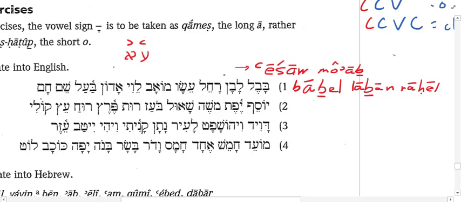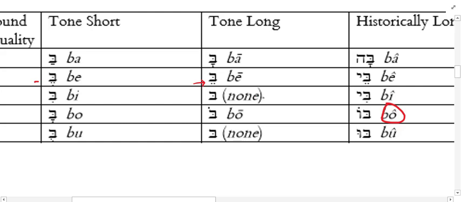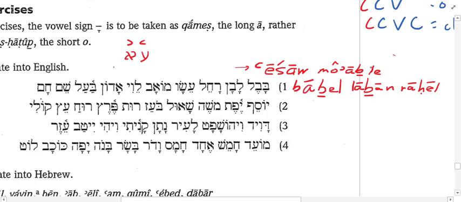The next word starts with a lamed, which is an L. Put that L there. And then we have a sere, which is the tone long E. Again, back to our vowels. There it is, right? Tone long E, an E with a line. So le, put that line there. And then I have a vav back over here, and a kirik yod.